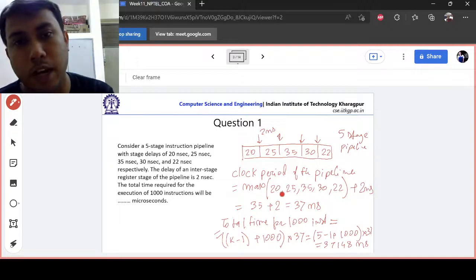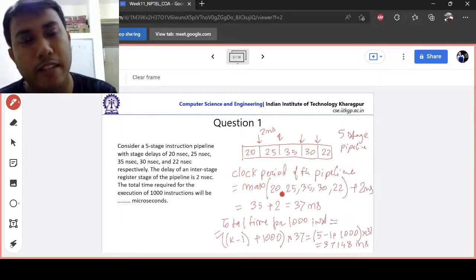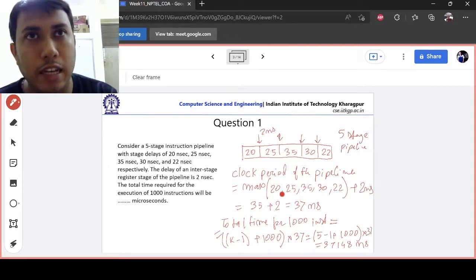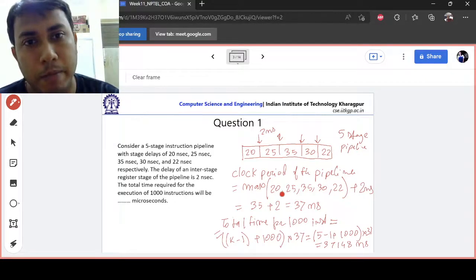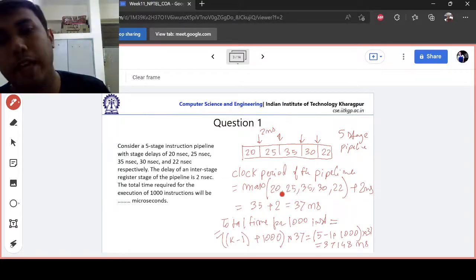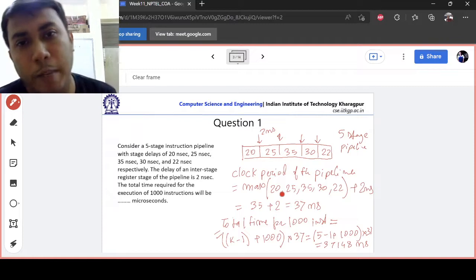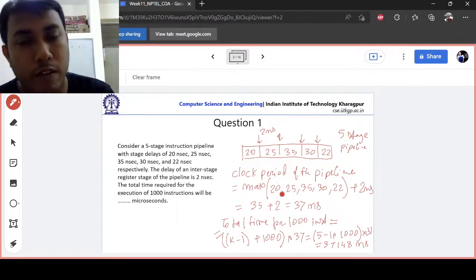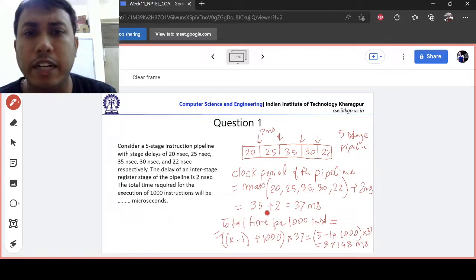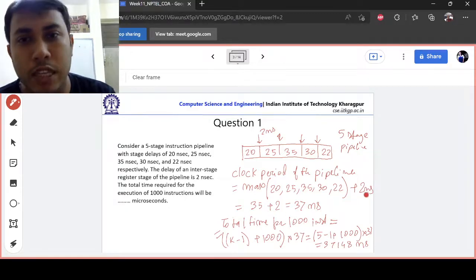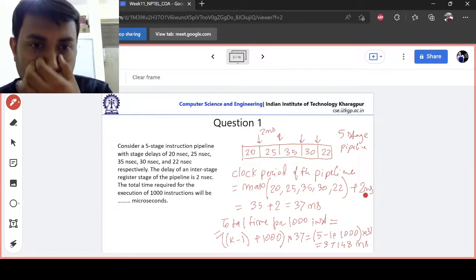Because if one takes 20, another takes 25, another takes 35, we need to take the one which takes the maximum time, so that it does not happen that one operation takes small time and another takes long time. It has to be equal for this pipeline process. So it comes out to be 35 plus 2, 37. Here 2 is the interstage delay. So 37 is the clock period.